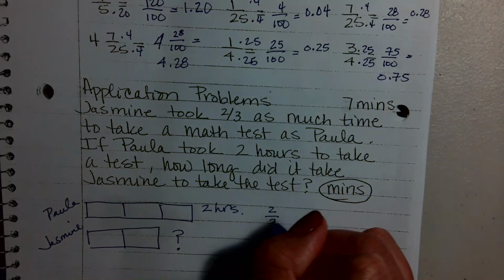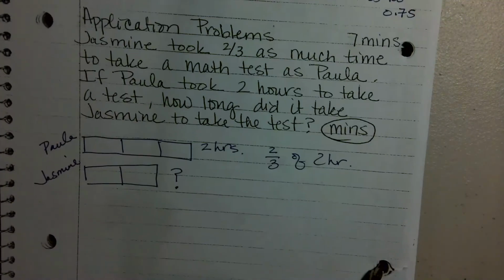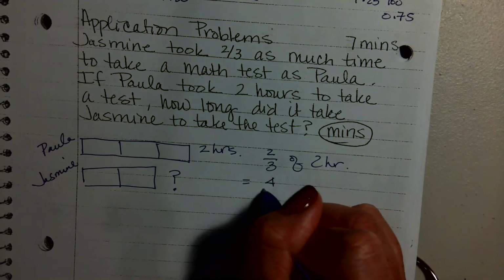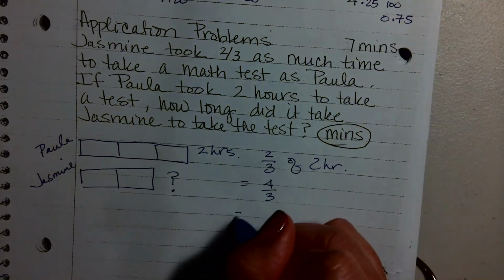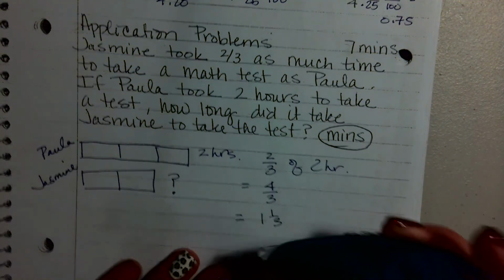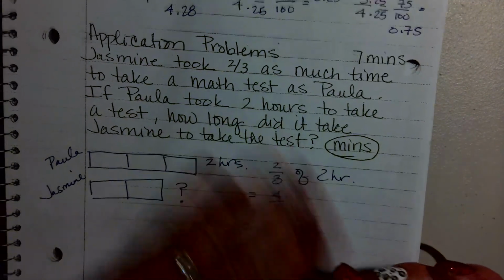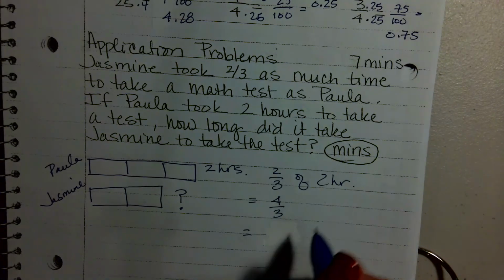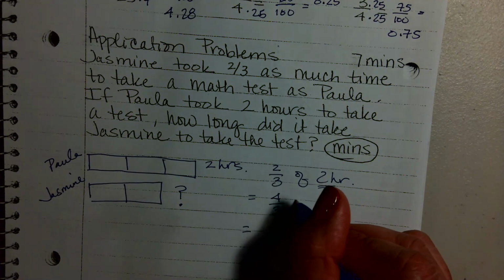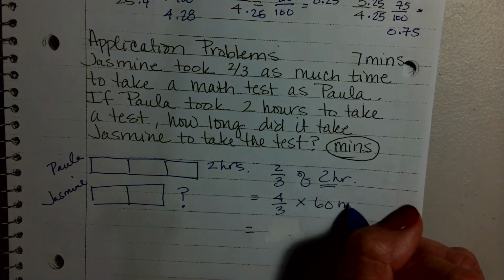How about 2/3 of 2 hours, right? Which is going to give us 4/3, which is equal to 1 1/3 hours. Or let's just leave it right here, because now we need to take 4/3 and change it into minutes. How many minutes are in an hour? 60 minutes.